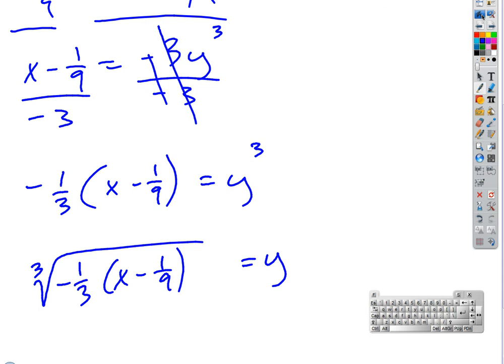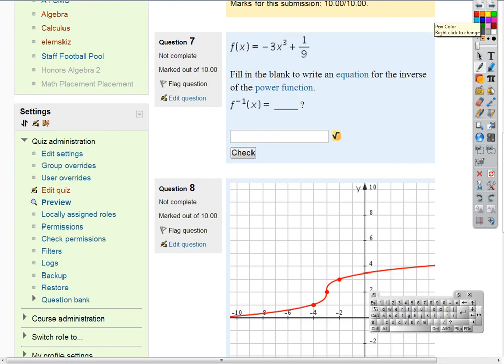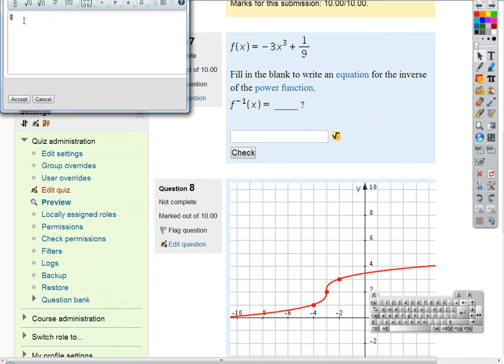So all we have to do is put that in. Okay, so how do we do a cube root? Well, it's right there. So we go cube root. If I want to put the little 3 up there, that's easy to do. There it is.